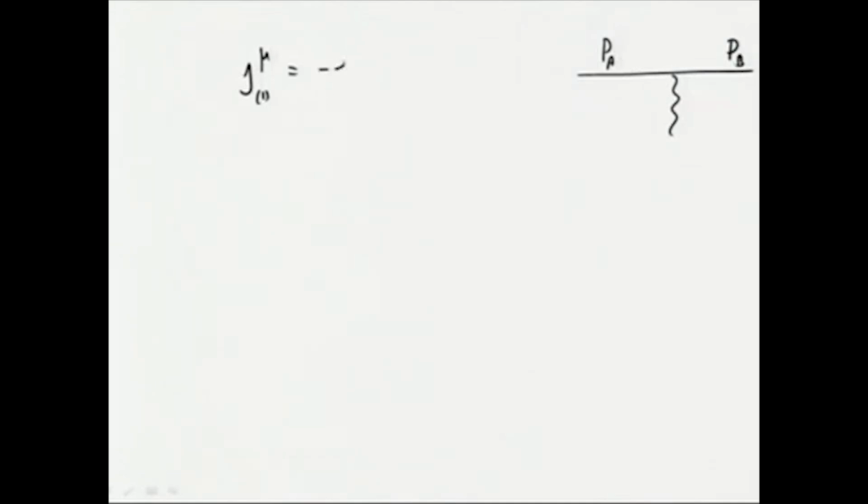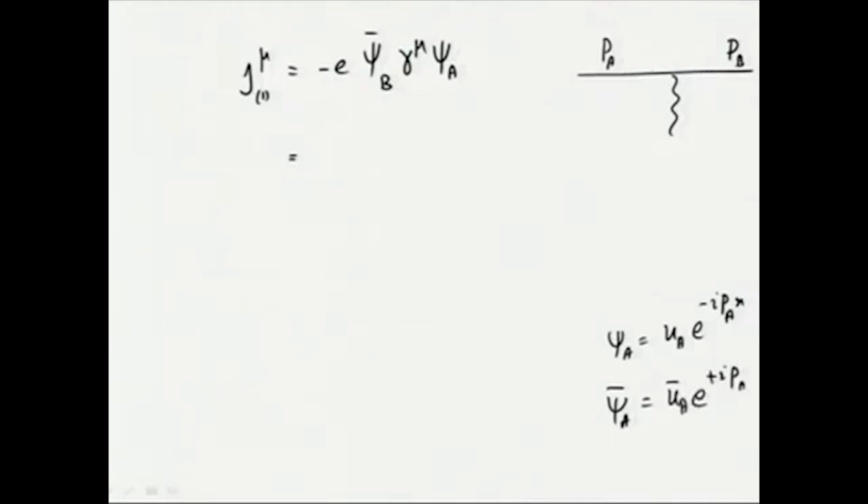In that case, minus e psi b bar gamma mu psi a is what I have, where psi b is the final particle. When psi a is written as u a e power minus i p a x, and similarly for psi b, the bar conjugate will take u bar and the exponential with plus i p b x.